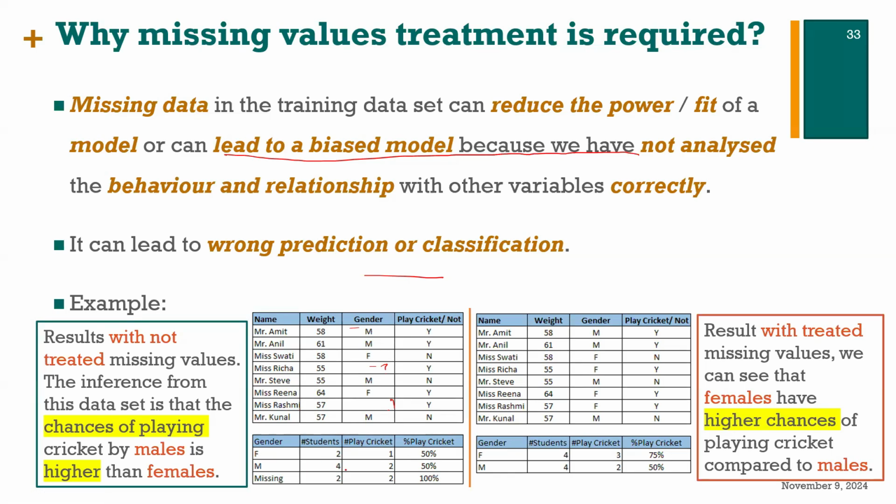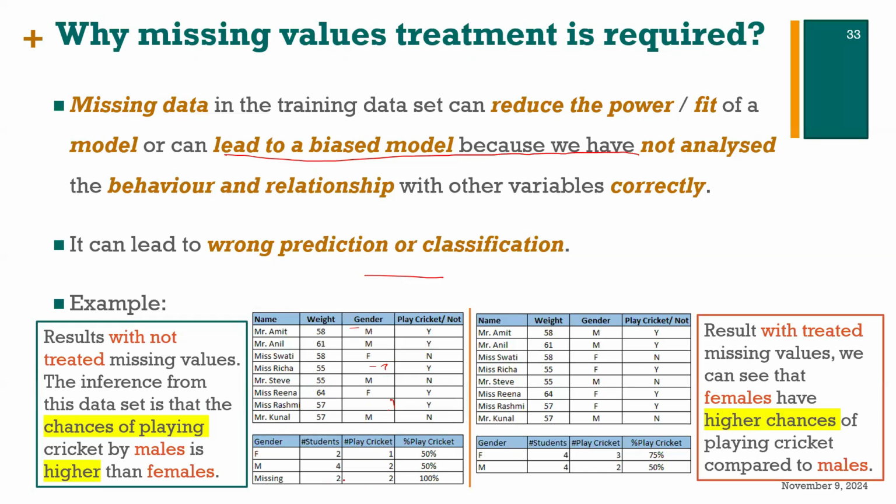2 out of 4. Again, you have missing values. There are 2 missing values which are causing this particular problem. So unfortunately, you can see here the missing value for play cricket. Missing value here for play cricket.